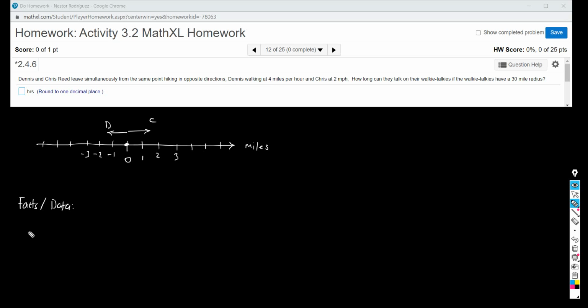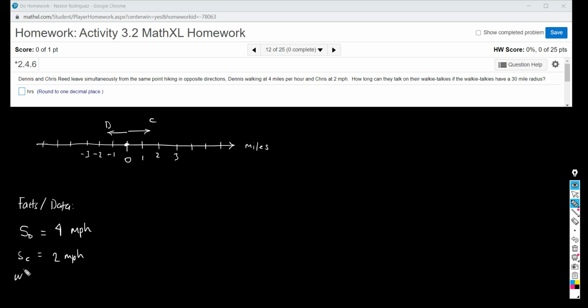So basically I can do the following. I can write the speed of Dennis. I'm going to represent the speed of Dennis by this variable, and I know it to be equal to 4 miles per hour, and the speed of Chris is equal to 2 miles per hour.